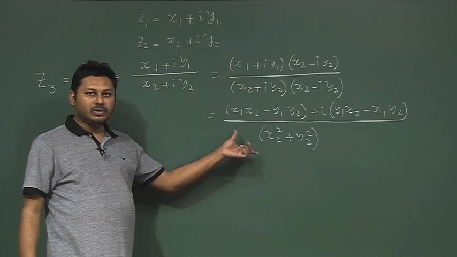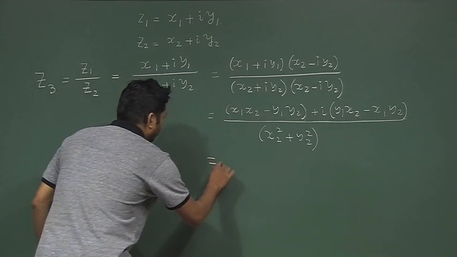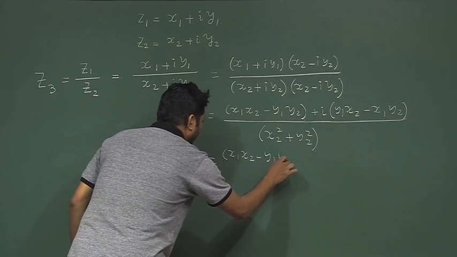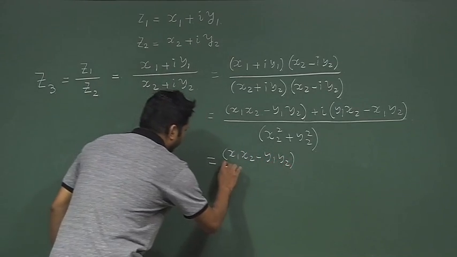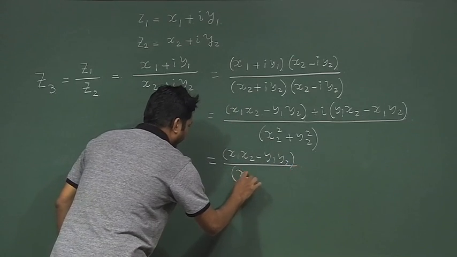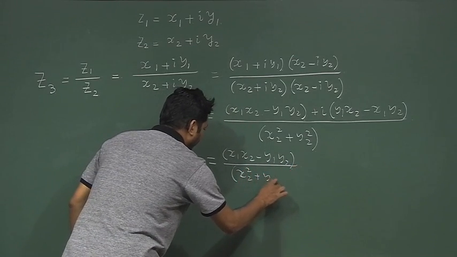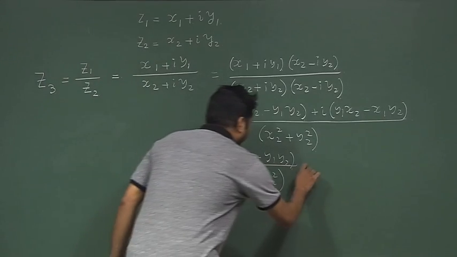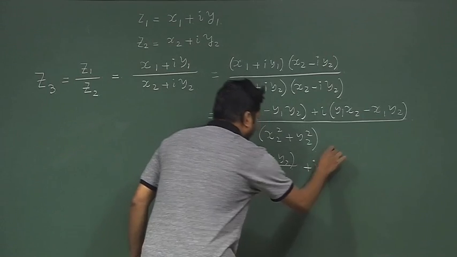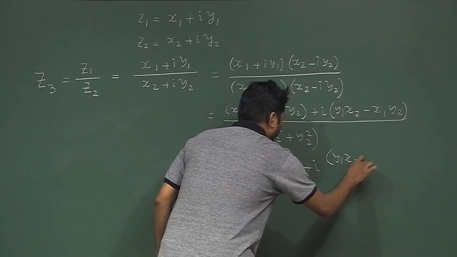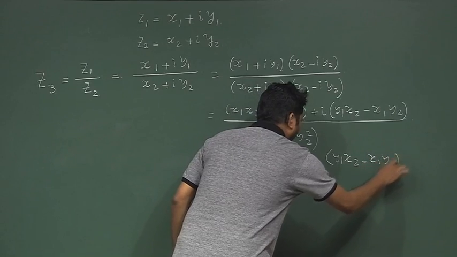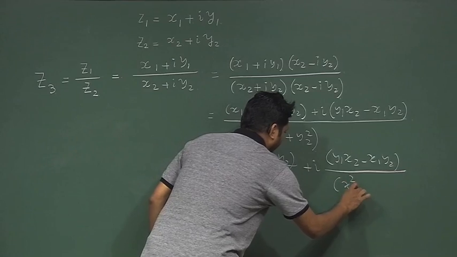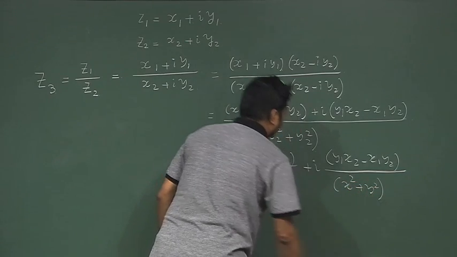Again we can separate it into two parts: x1 x2 minus y1 y2 divided by x2 square plus y2 square, plus i times y1 x2 minus x1 y2 divided by x2 square plus y2 square.